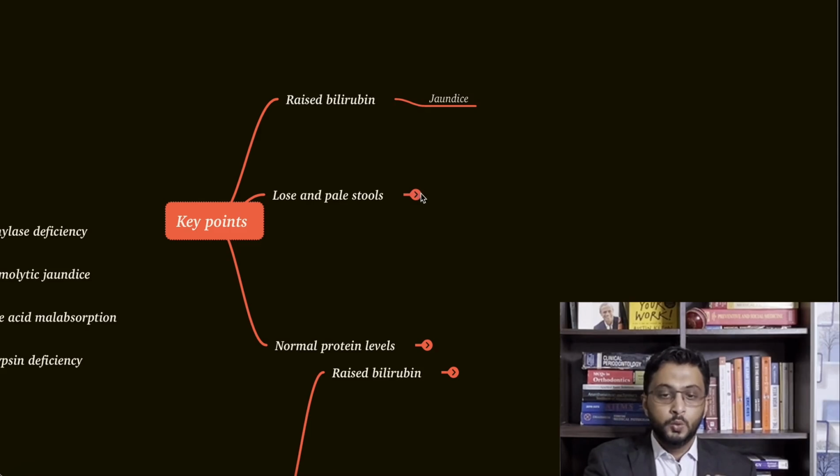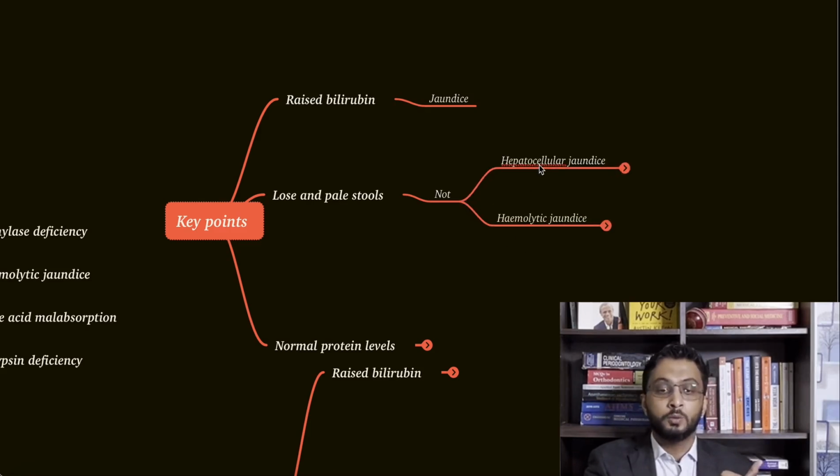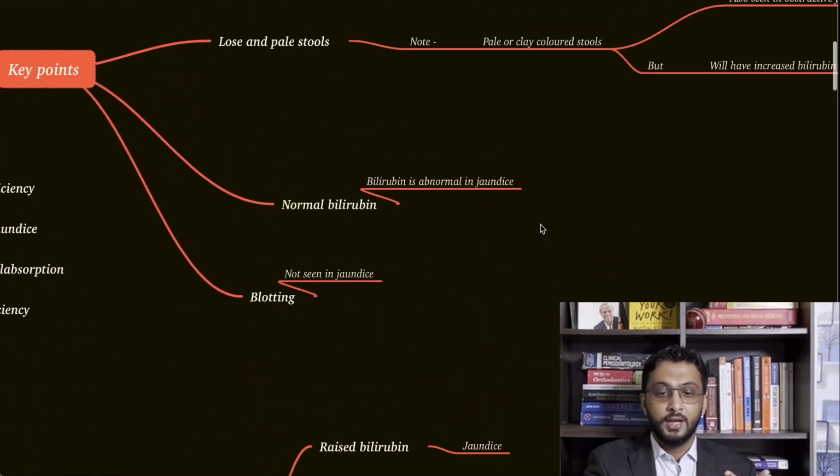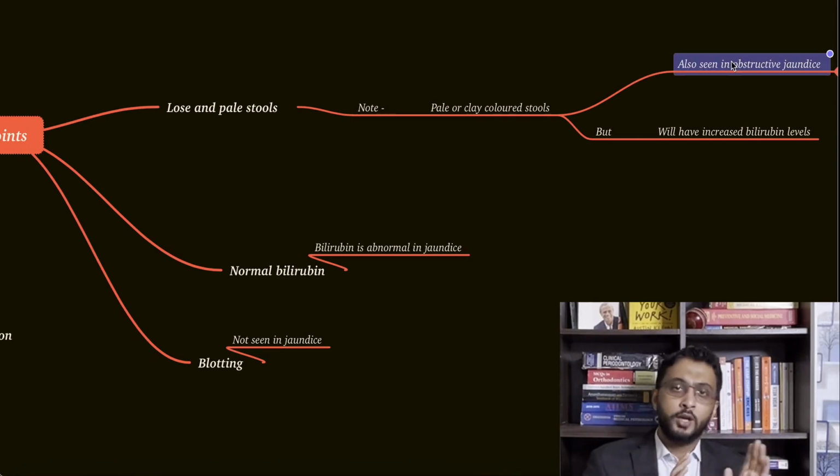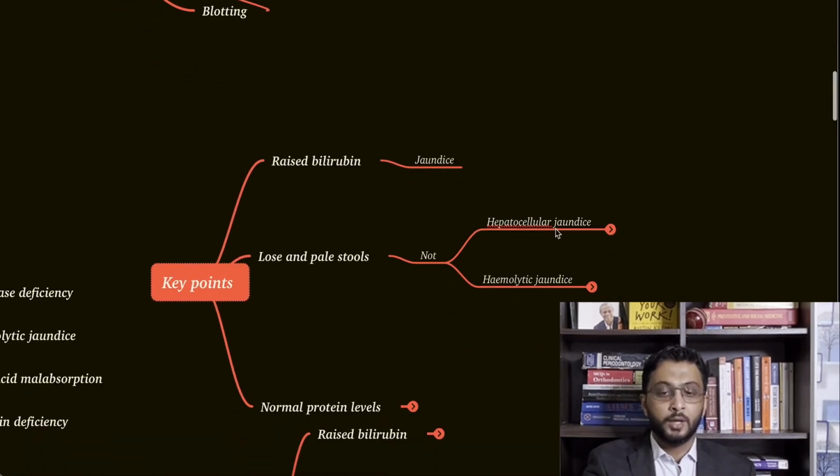Okay, now loose pale colored stools. We said if it's pale stools, it is definitely not going to be hepatocellular or hemolytic. I told you, it is obstructive. Pale stools are seen only in obstructive jaundice. It's not seen in hemolytic or hepatocellular.